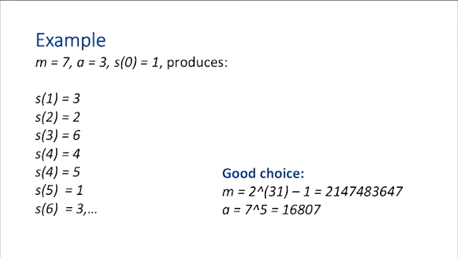So 3 divided by 7 doesn't go in, so it has a remainder 3, so the next number is 3. And then we take 3, multiply with 3, you get 9, divide by 7, so that's 1, remainder 2, so the next number is 2.